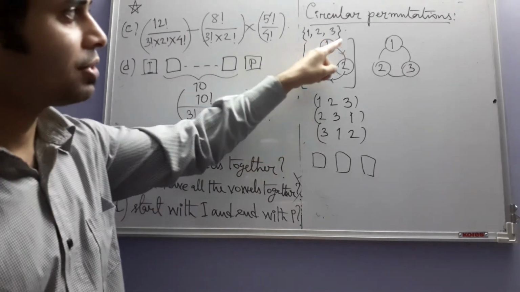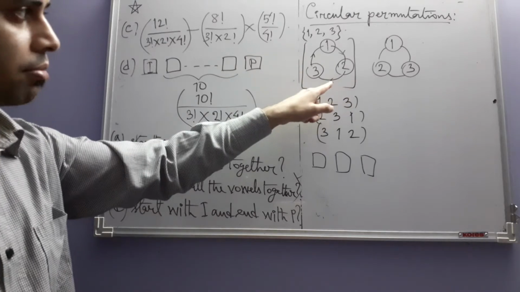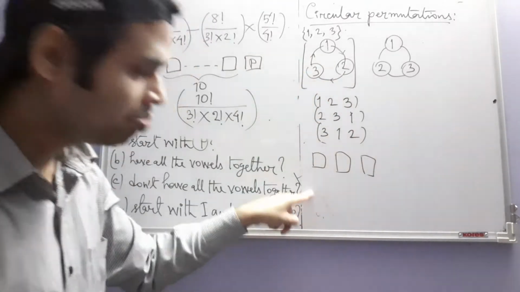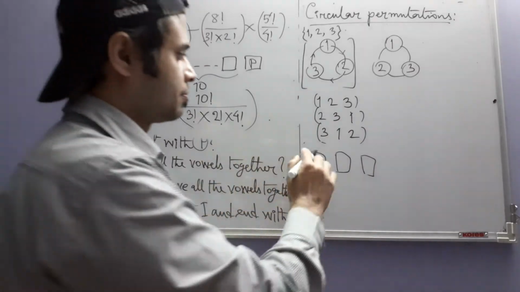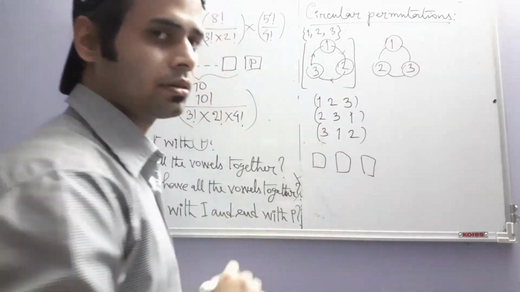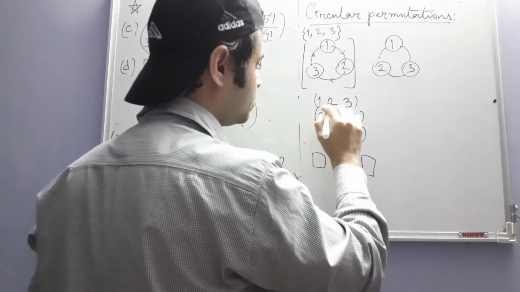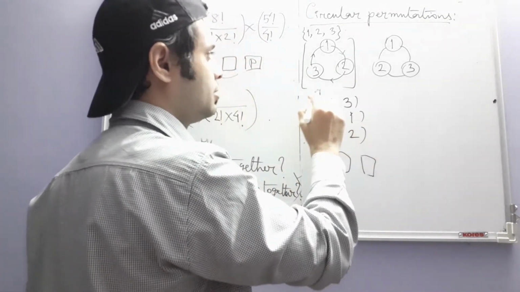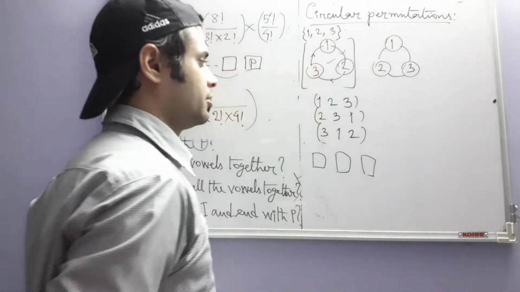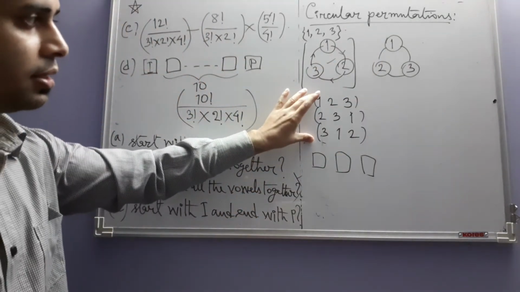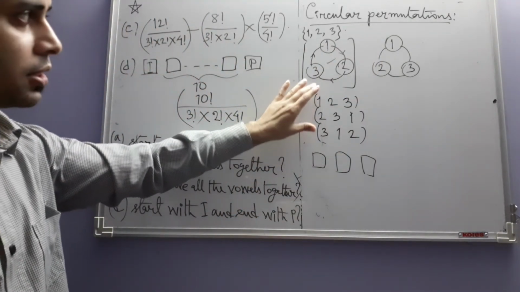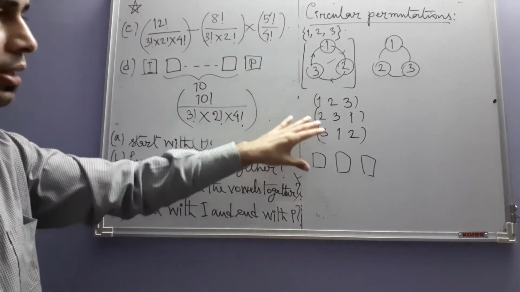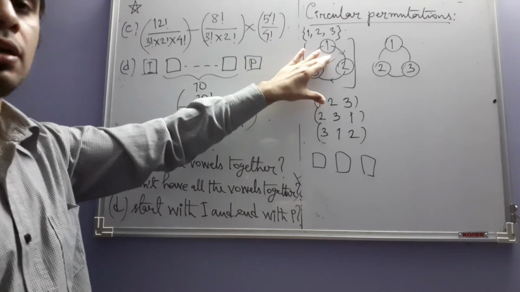However, when I have a cyclic pattern like this, where we start from one point and then come back to that point along any closed curve, then these patterns actually create the same cyclic permutation. So instead of having 3 distinct permutations, linear permutation, if I say so, it's not a standard term, I have one cyclic permutation.